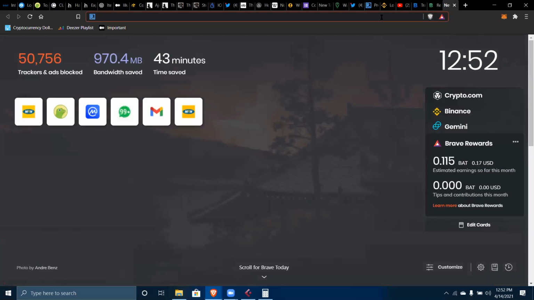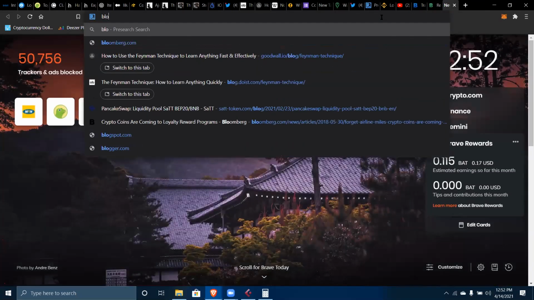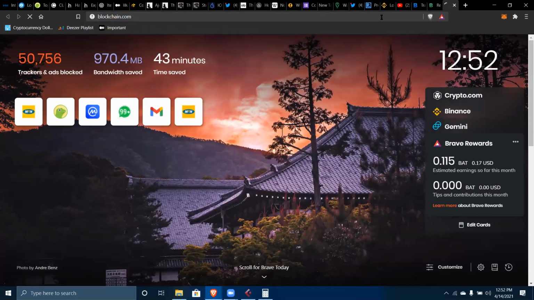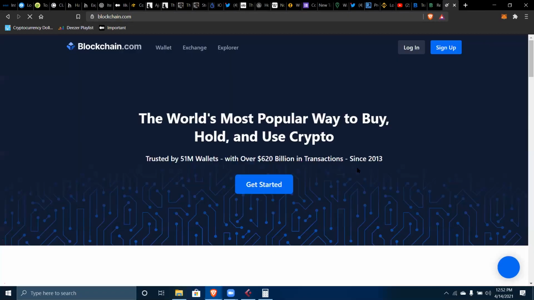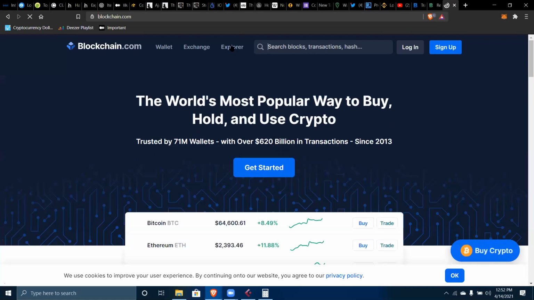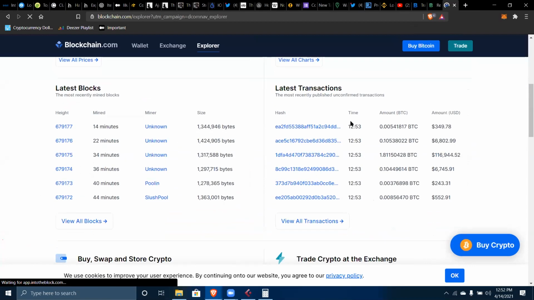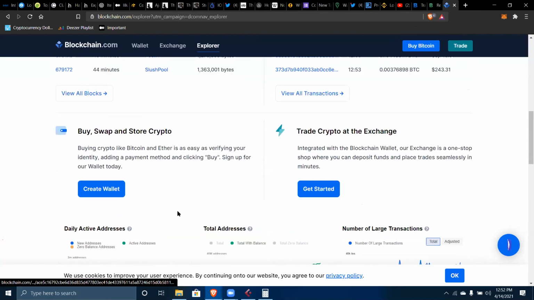Let me show you what I mean by 2 or 3 confirmations. Blockchain. So let's say I want to check the Explorer for recent transactions, and all of these transactions happened a few minutes ago.